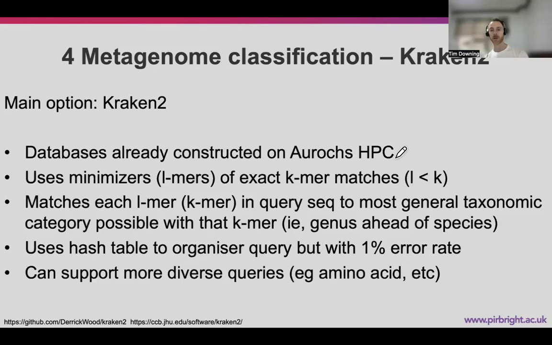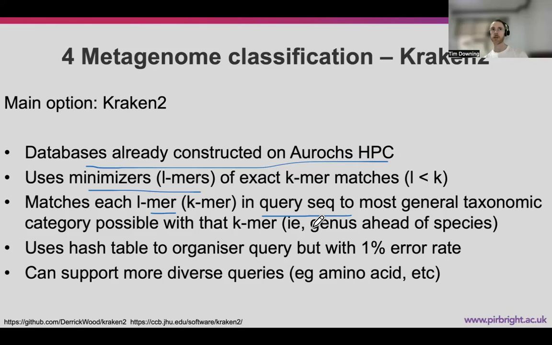What's great about Kraken 2 is that it already exists on the Aurox. It uses minimizers of some length L, where L is smaller than k, and k is a sequence length reflecting the set of k-mers from which the minimizer comes as a representative. We look at each minimizer against the query sequence, the read, and assign it to the most general taxonomic category possible. That prioritizes genus ahead of species, family ahead of genus, and so on.